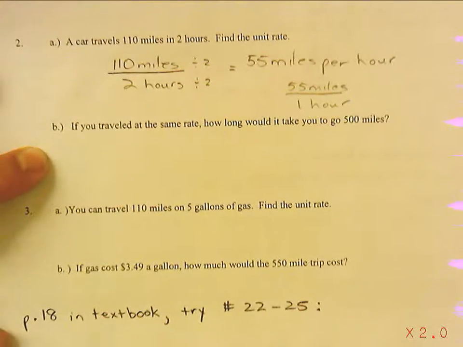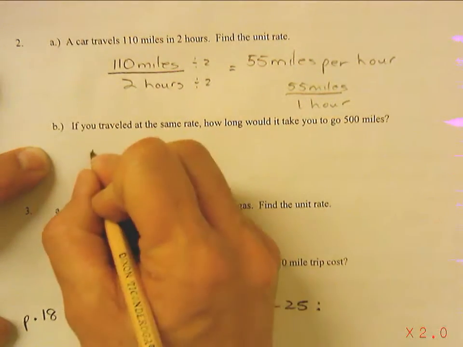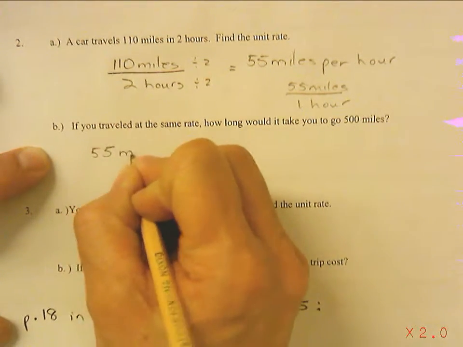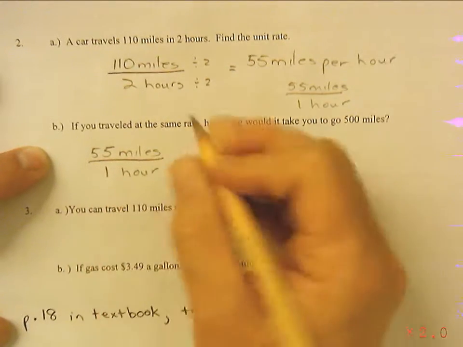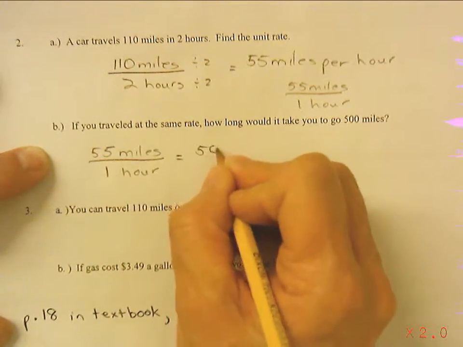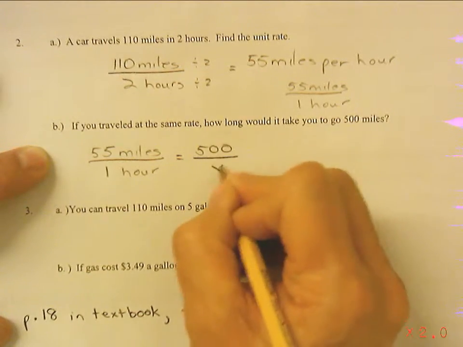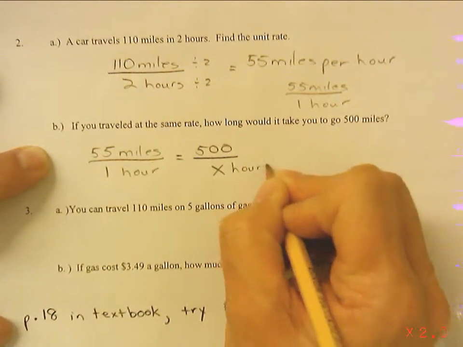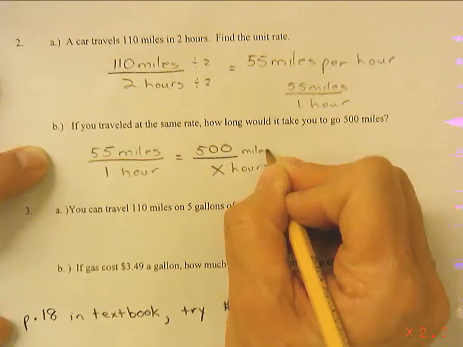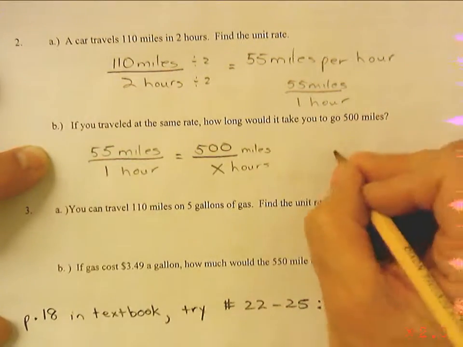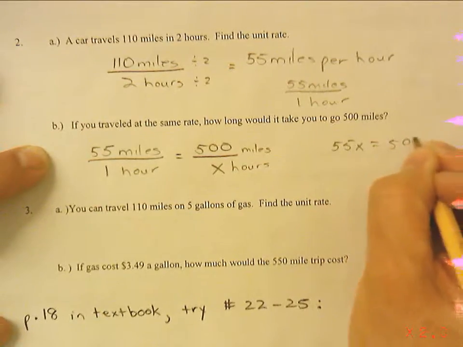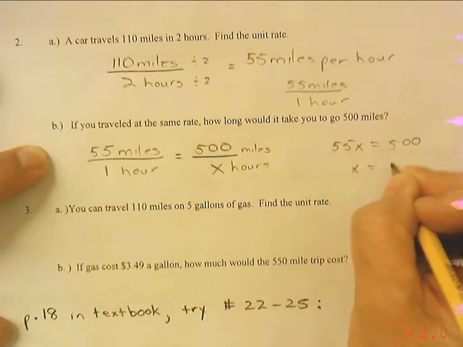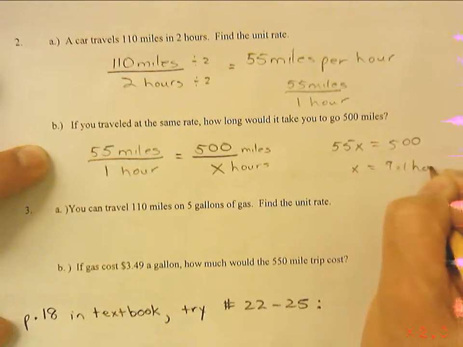Now, if you traveled at that same rate, how long would it take you to go 500 miles? So if I can do 55 miles in 1 hour, I can do 500 in x hours. I apply my cross product property rule, and I say 55x equals 500, so x equals 9.1 hours.